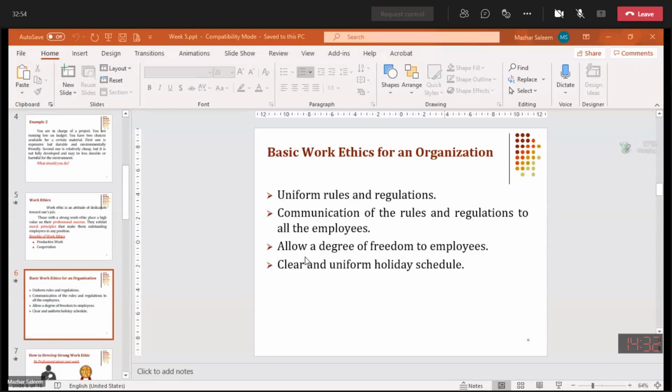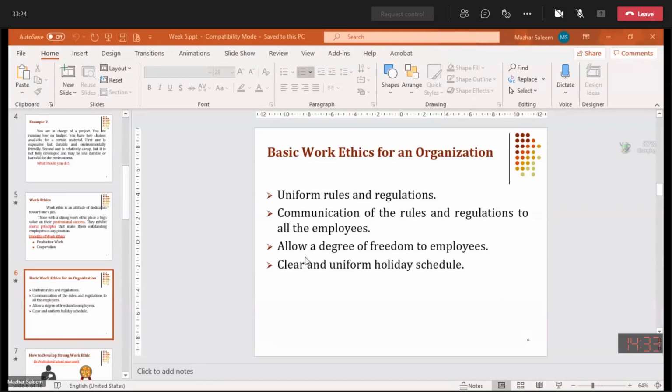But then there is the other side. Some people think, okay, now I've got a secure job, whether I really work hard or not, I have got my permanent position. So it has its own pros and cons. But yeah, it's a valid point that good job security is something we look for as an employee. Okay, Uzair.